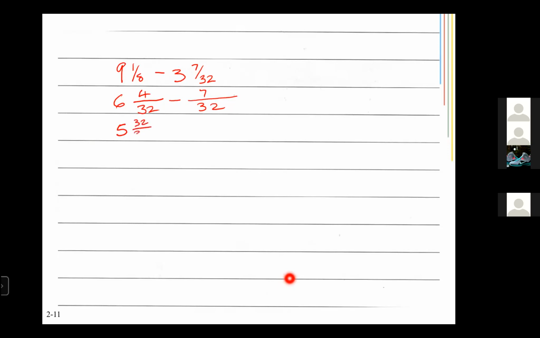Okay, very good. 32 over 32 plus the 4 over 32 minus the 7 over 32. All right, so that's going to end up being 36 minus 7. 29 over 32. Okay, very good.